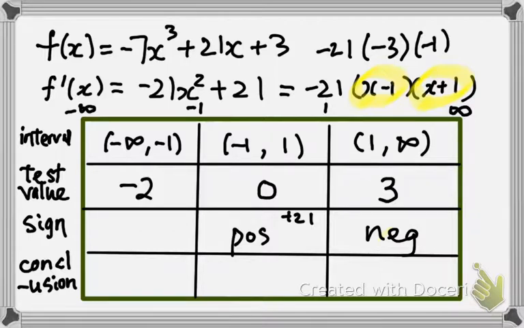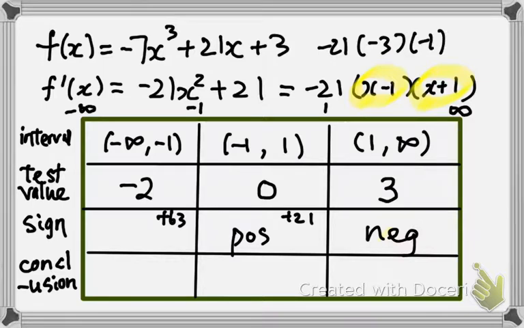Negative 21 times negative 3 is positive 63, times negative 1, so sorry, it's negative 63. So I got this slightly wrong. Negative 63. So this is actually negative.